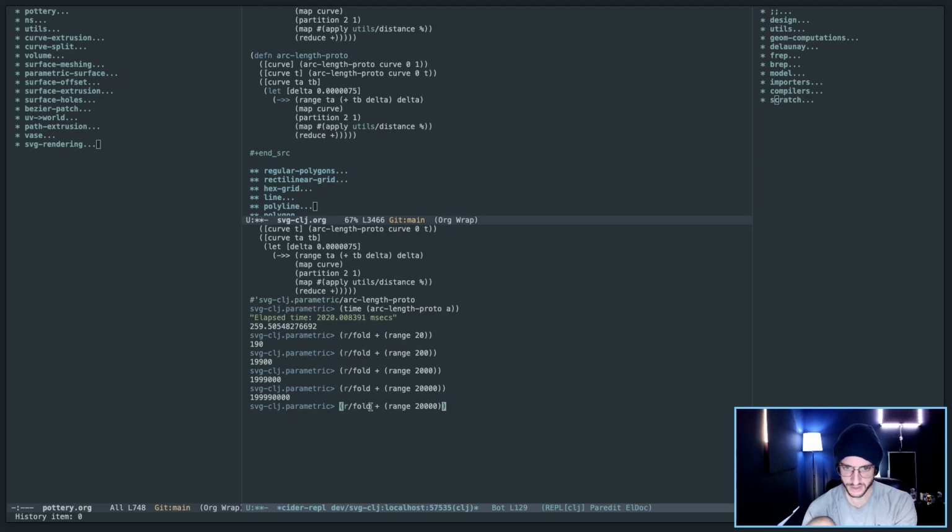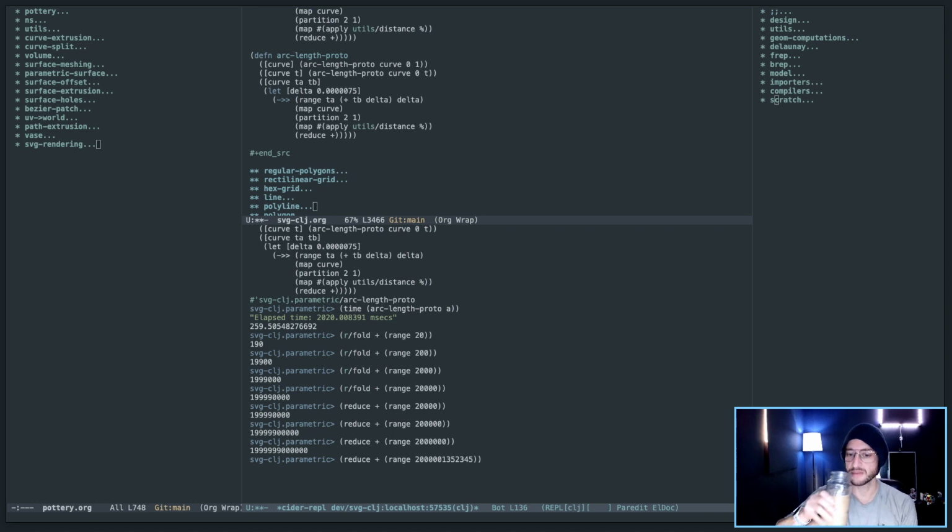Let's also just do regular reduce. Now we're getting huge numbers, which is not at all surprising. Might have been bold of me to make a number that big.